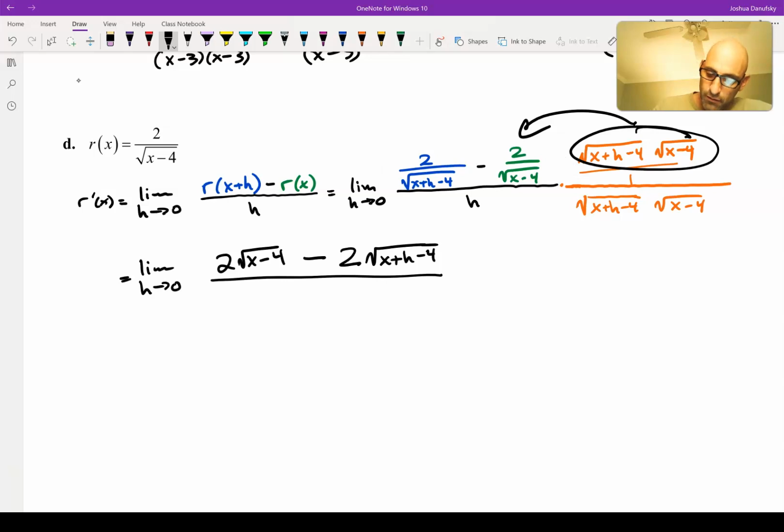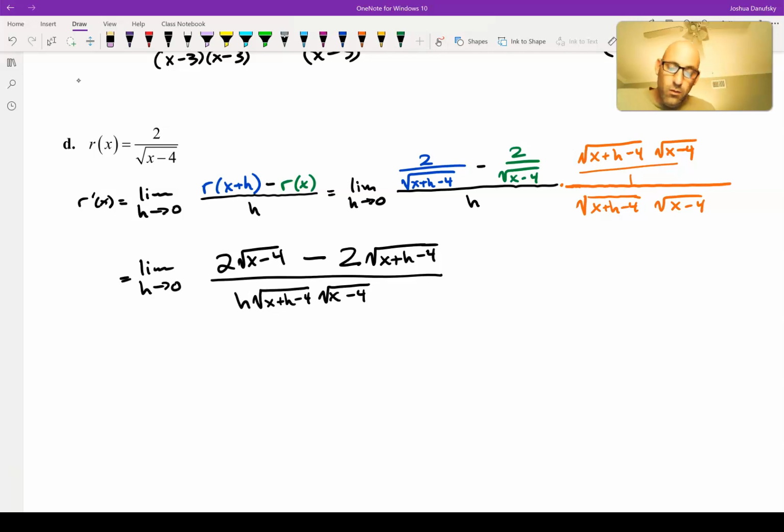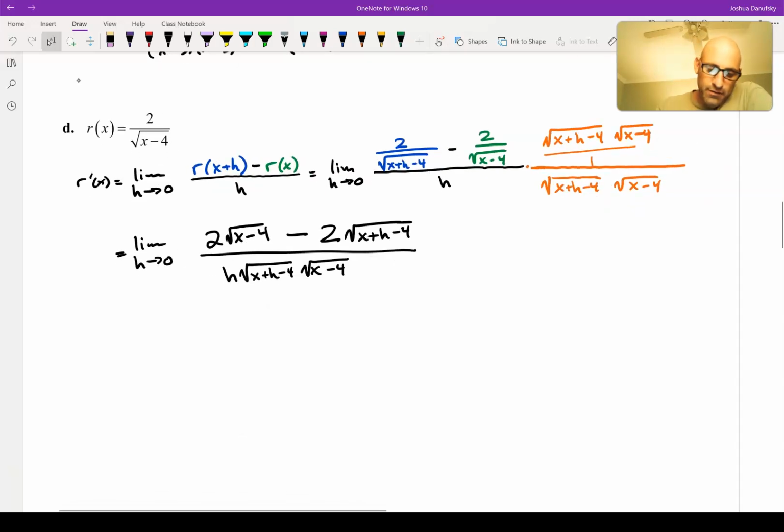And so all we have left on the bottom is the h times the square root of x plus h minus 4 times the square root of x minus 4 like that. And really we don't need parentheses because this is just all one big product on the bottom. Okay, so hopefully we did okay with that. I could have written out more steps, but it ends up becoming really cumbersome, so I chose not to. But hopefully that's enough to see what's going on there.